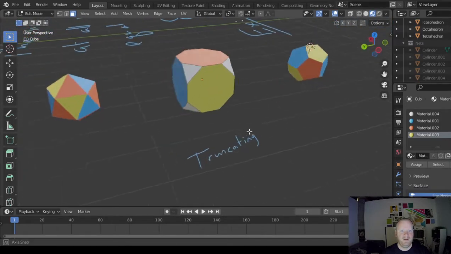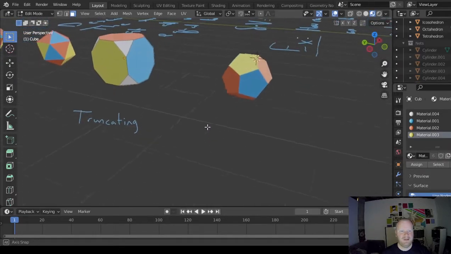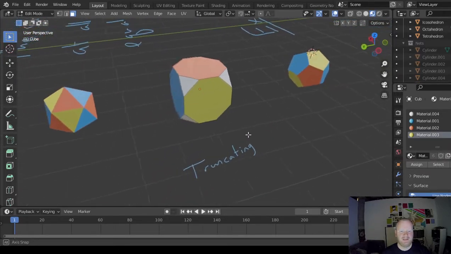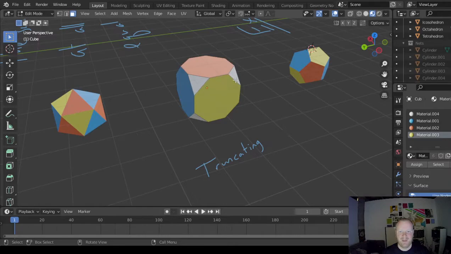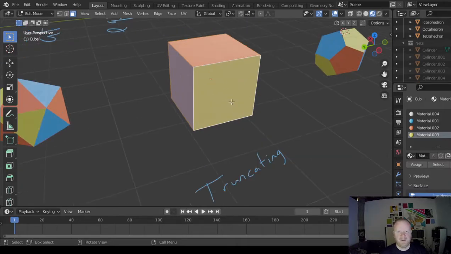Okay. All right. So all that truncating did was, now I've got, instead of a cube, I've got some octagons, and then I've got some triangles here. Right. And you can kind of predict what's going to happen.